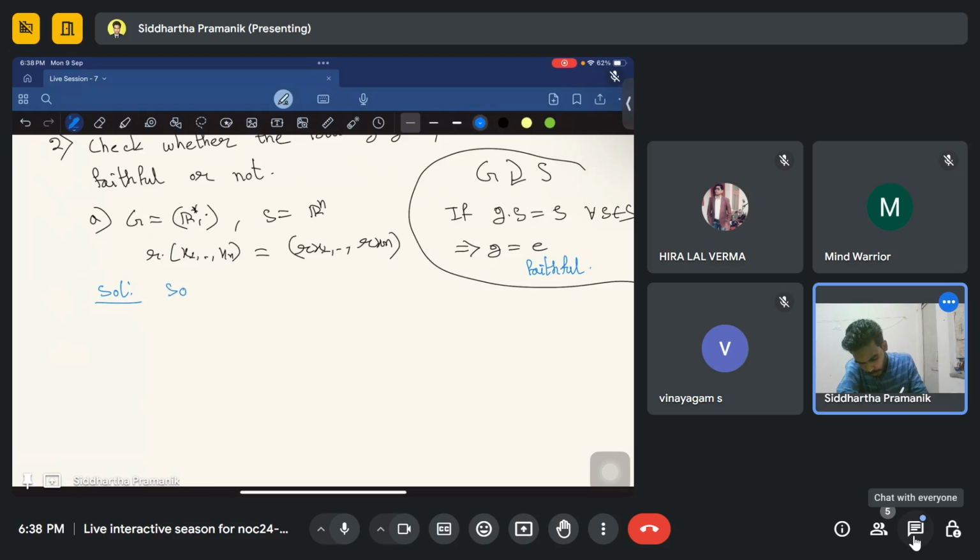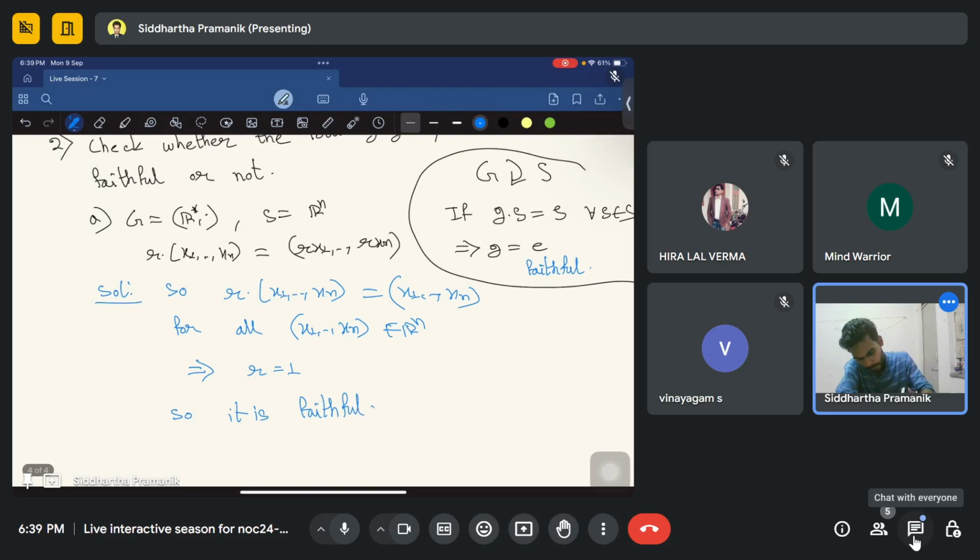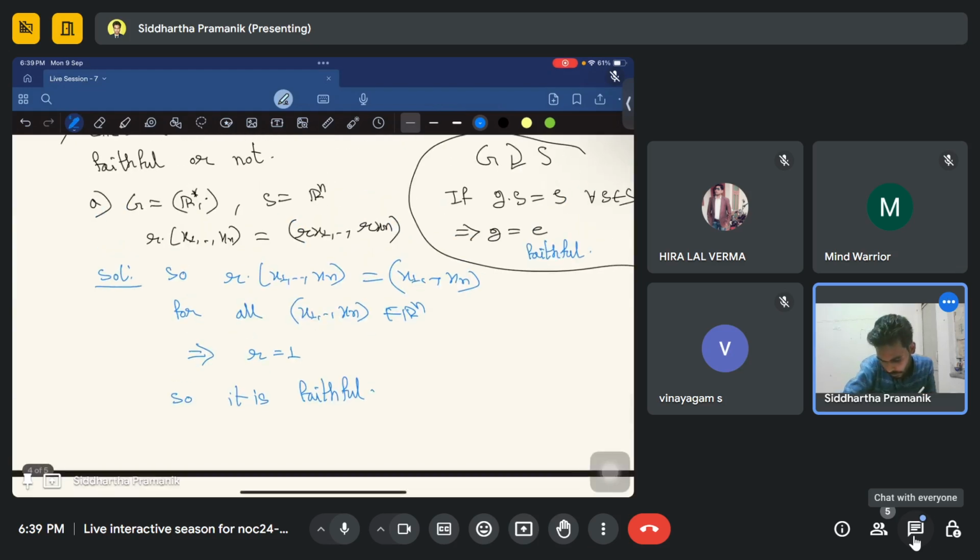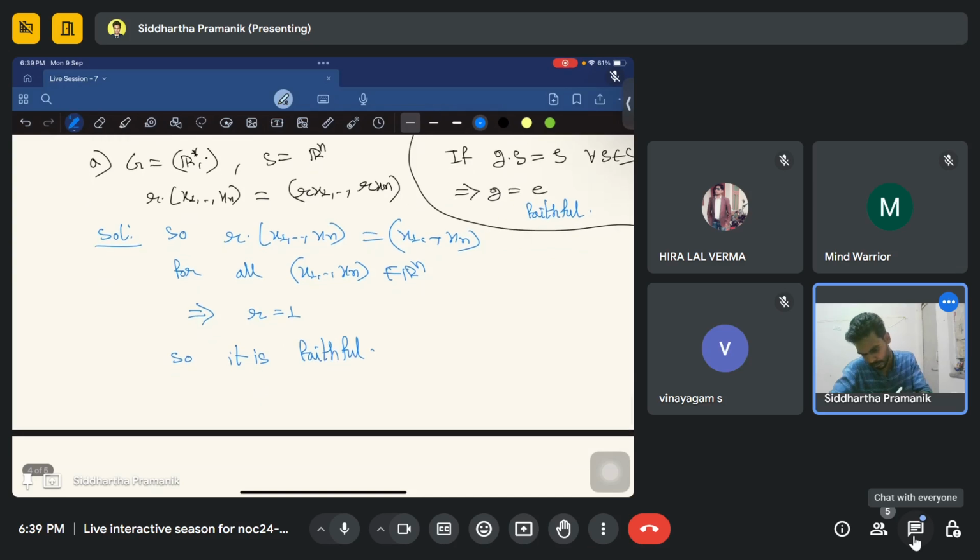So r dot (x1, ..., xn) equals (x1, ..., xn) for all x1 up to xn belongs to R^n will imply r is 1. So it is faithful. For these things you just have to exploit the definition, nothing else.